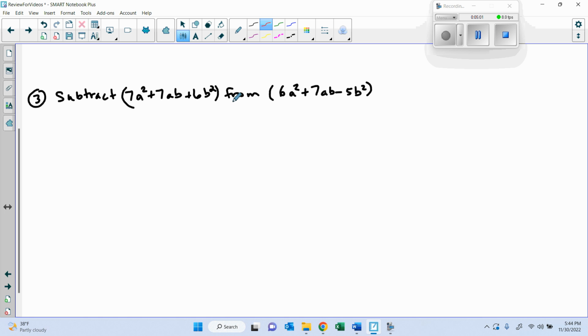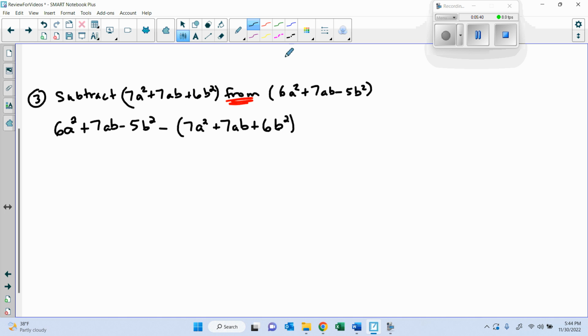So the word "from" is what's important here, because they're telling me to subtract this one in front from this second one, which means that the second one gets written down first, and then you are going to subtract the first one, because we're supposed to subtract it from. And those parentheses have to be there because it didn't say subtract part of the polynomial, it said subtract the whole thing. Okay, so we have to subtract all of it.